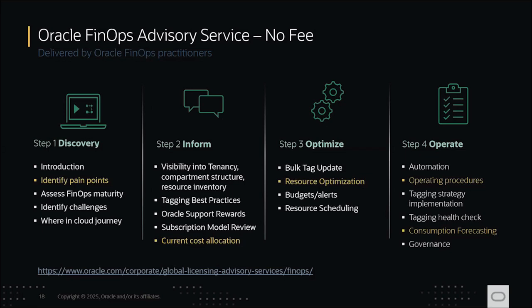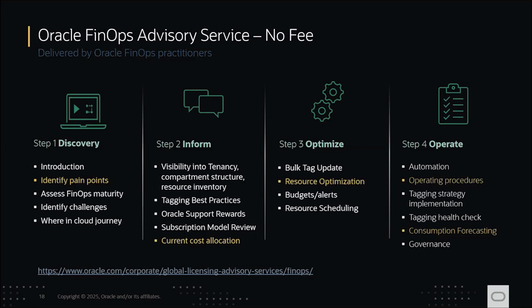We have added a step 1, which is discovery, which is simply digging a little bit deeper on the front end to make sure we identify pain points and really outline the use case. And then we do follow the 3 steps: inform, optimize, and operate.